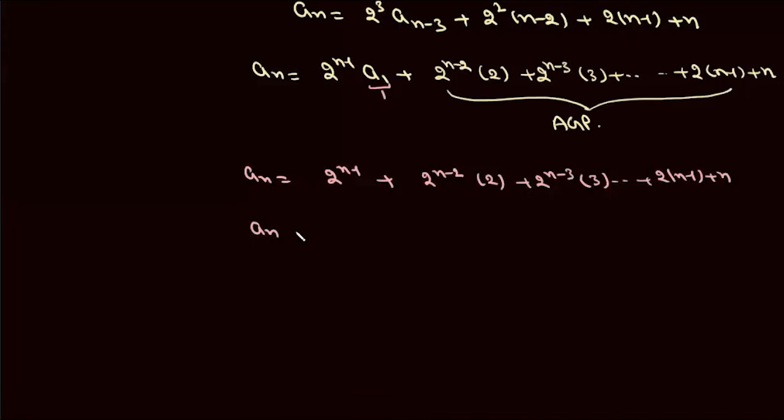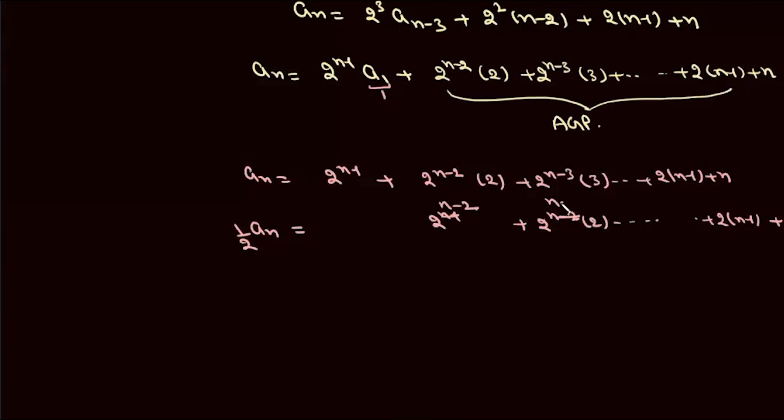Now we'll write the series again, but by shifting one term, so it will be 2 to the power n minus 1. This is 2 to the power of n minus 2 into 2. And here will be this 2n minus 1 and plus n. Now here the common ratio of GP is 1 by 2, so we'll multiply it with 1 by 2. So here will be 2 to the power of n minus 2.